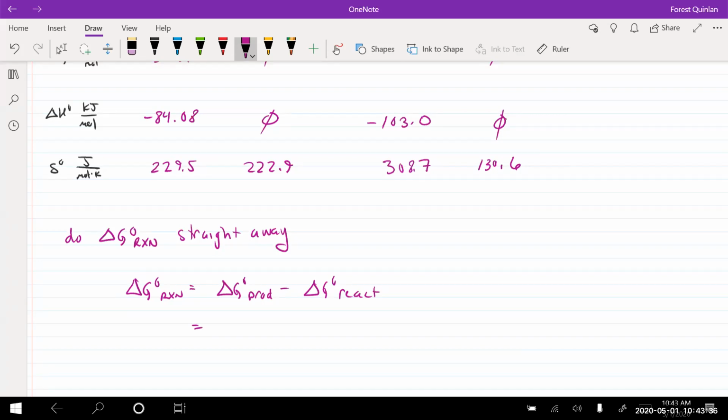And we have to remember that we have the stoichiometry involved here. So I'm going to have 2 times the negative 60.63.